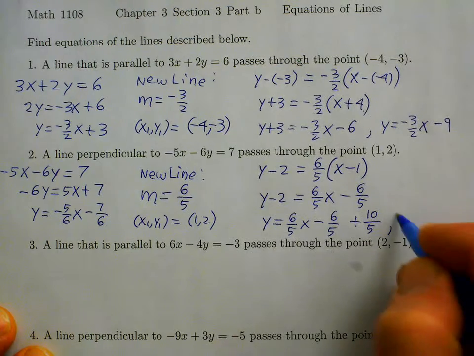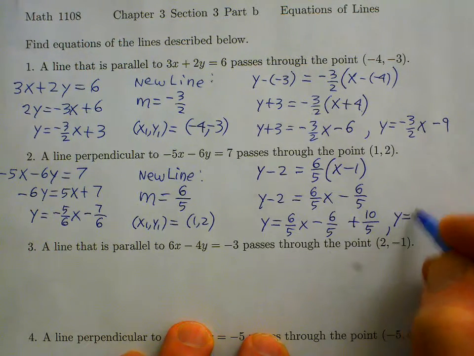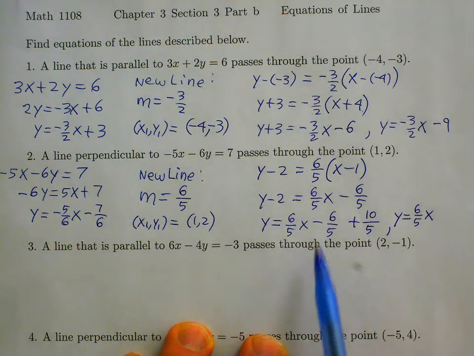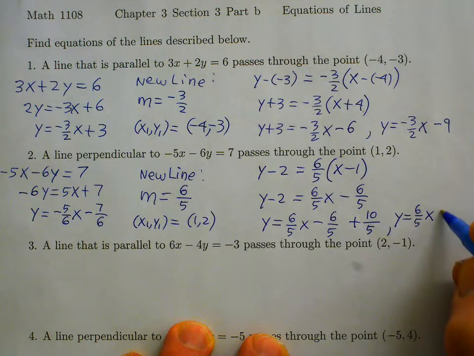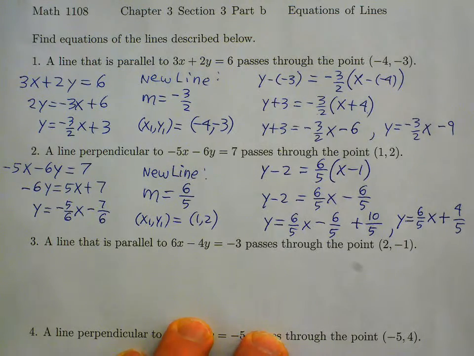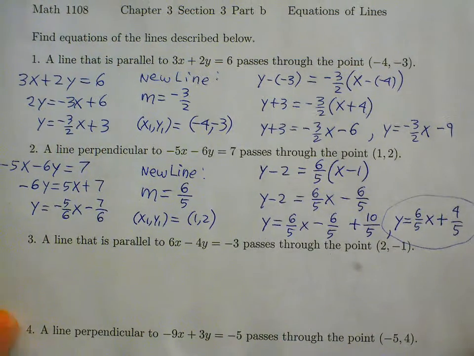And then we can write the final slope-intercept form, y equals 6/5 x, and then minus 6/5 plus 10/5 is equivalent to plus 4/5. So this is our result in slope-intercept form.